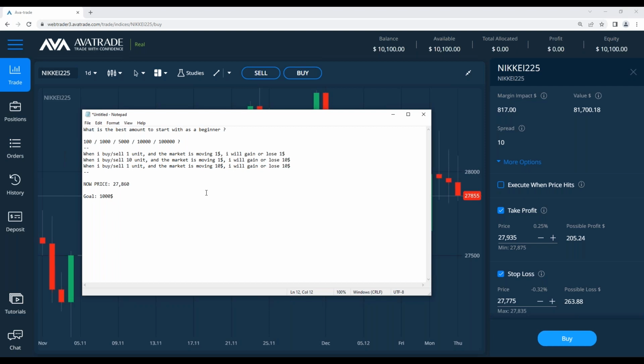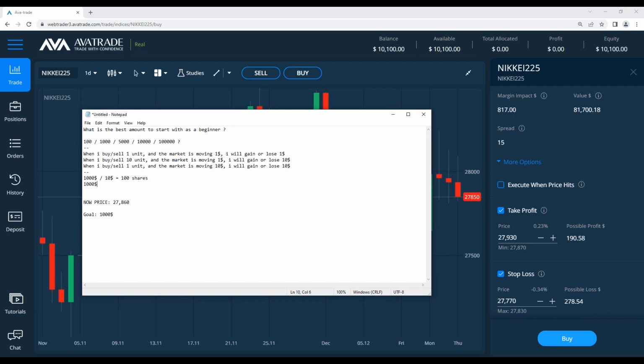This is why if I divide my 1,000 by a certain amount of units or movements, I'm going to get a nice number. For instance, if I'm looking for a $10 movement, I need 100 shares.